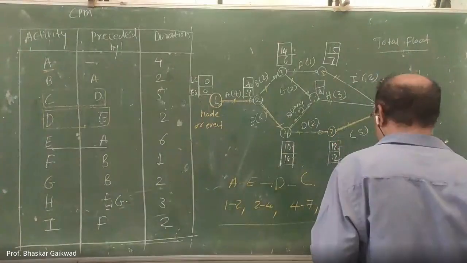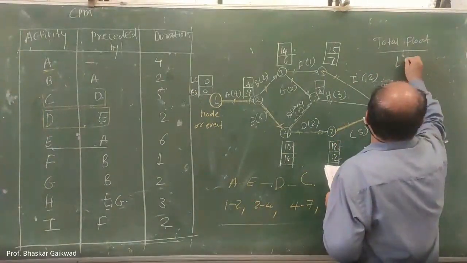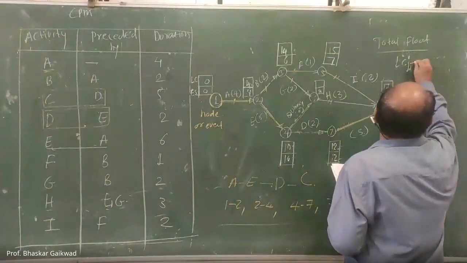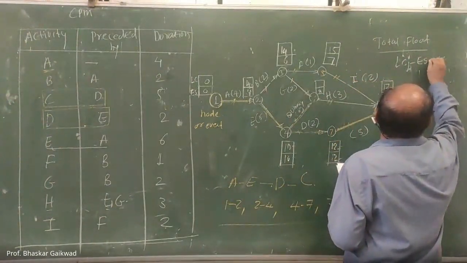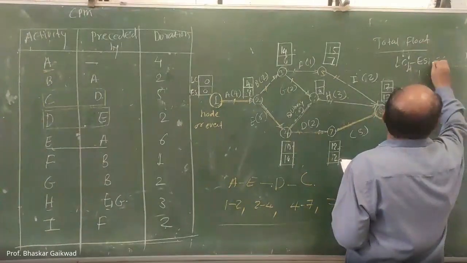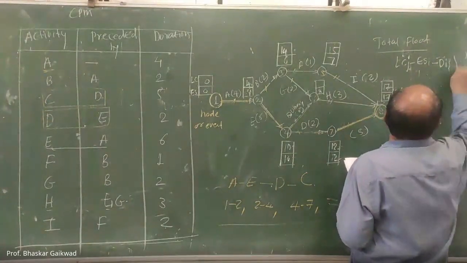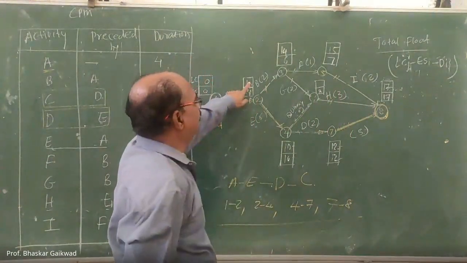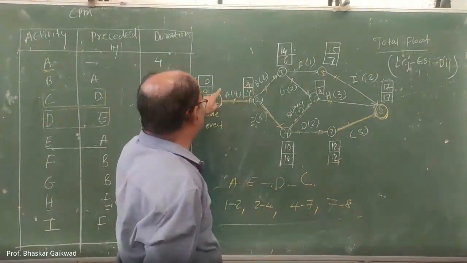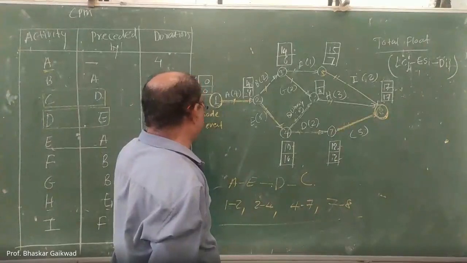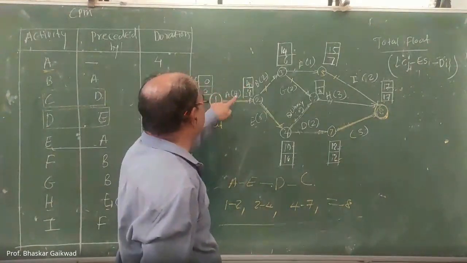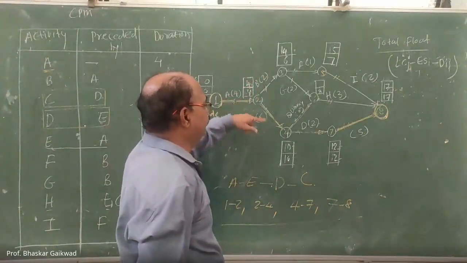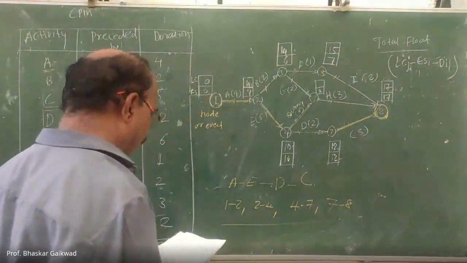How to calculate total float? LC minus ES minus duration. This is the total float. LC means this one, EC means this, the earliest part here. So this minus duration, correct? That is total float. For each activity you have to calculate total float.